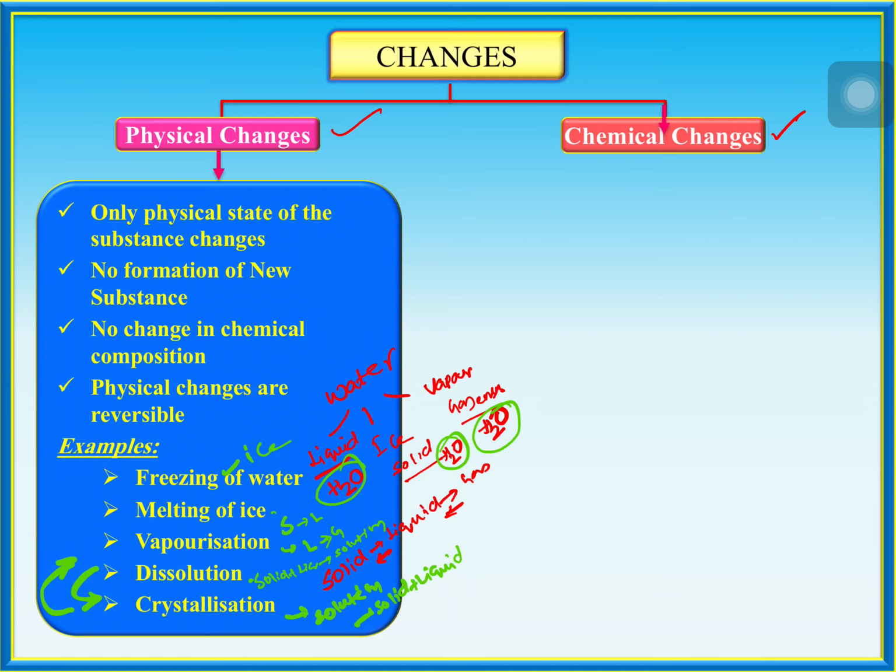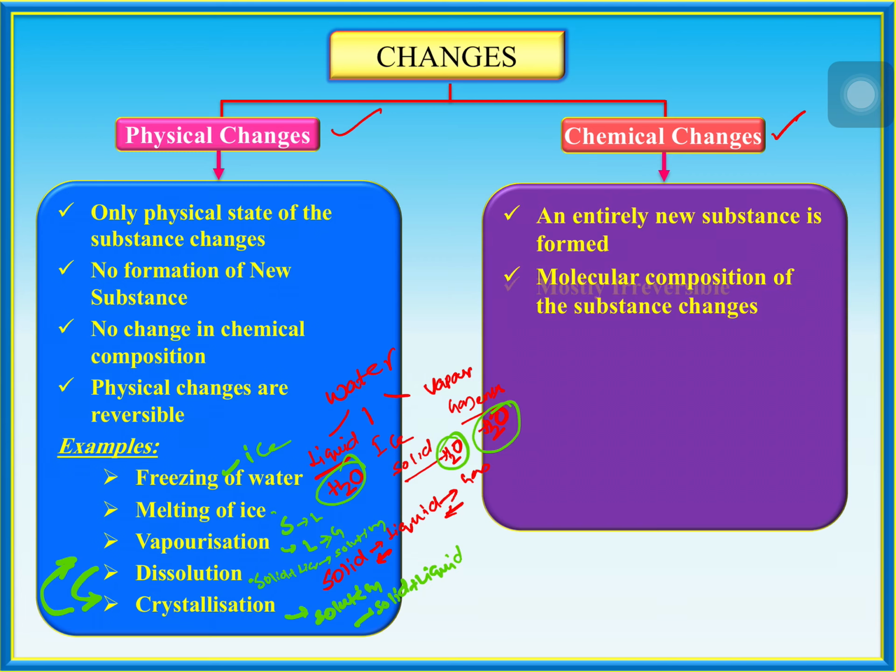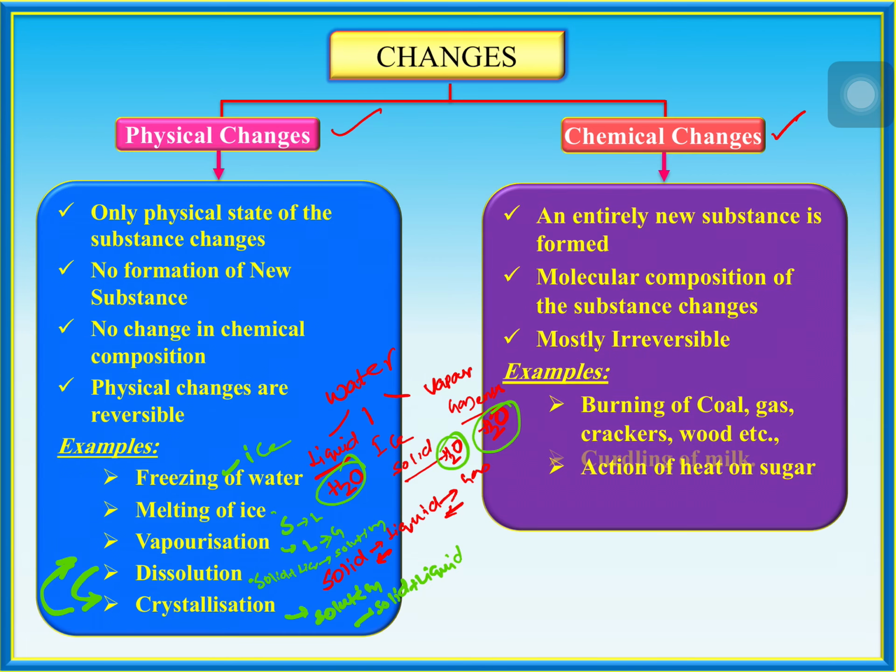Then what are chemical changes? Please look at the scrolling. In chemical changes, the end product is going to have entirely different characteristics from the starting materials.